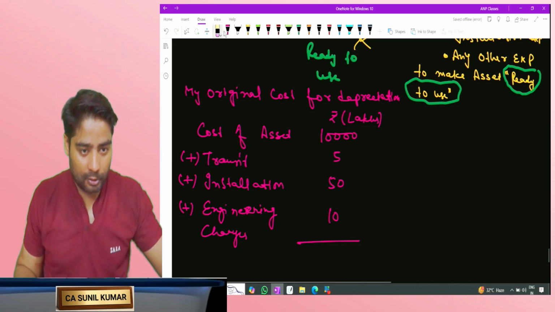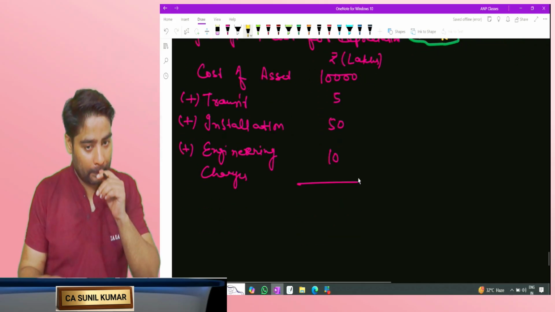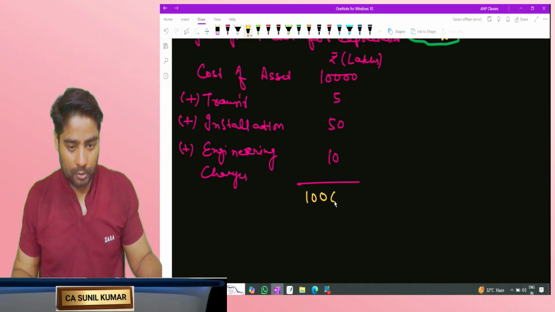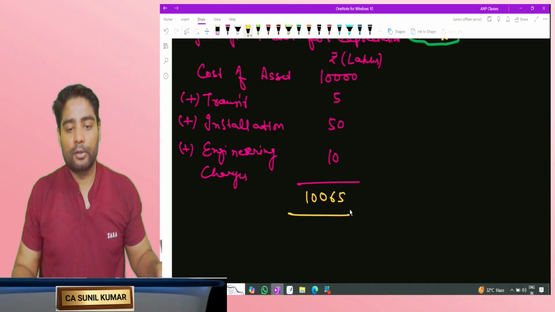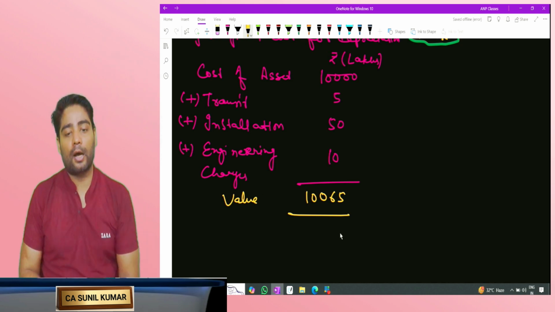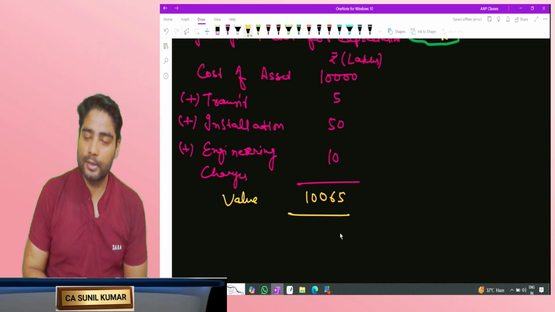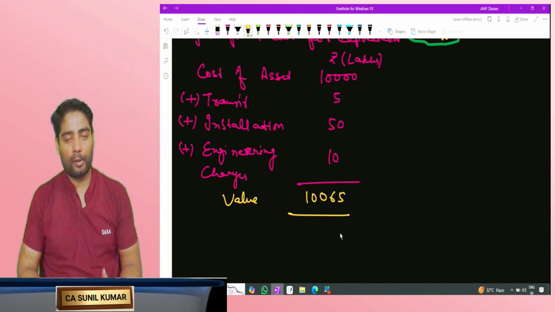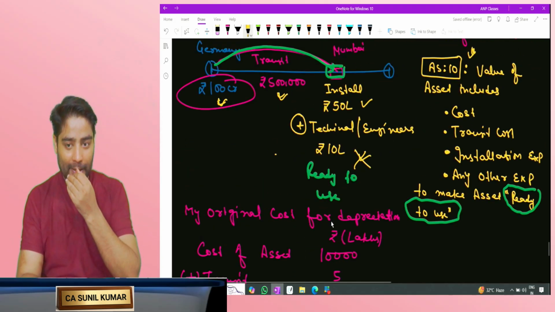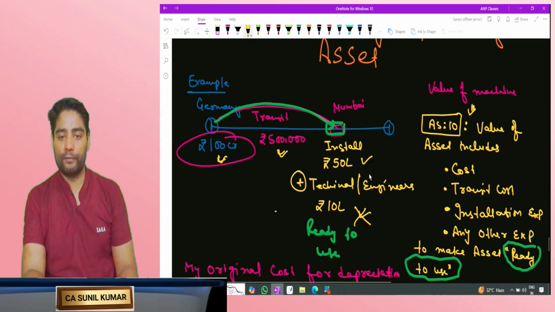Sir, the value will come to 10,065 lakhs. So my original cost will be 10,065 lakhs for the purpose of calculating depreciation. Okay, clear? Have you written all of this?